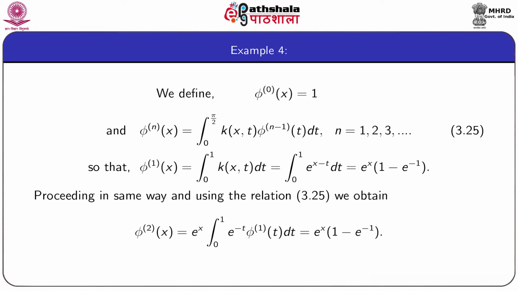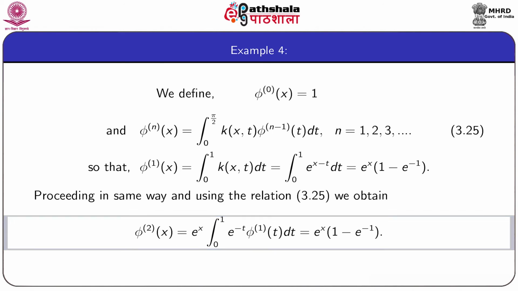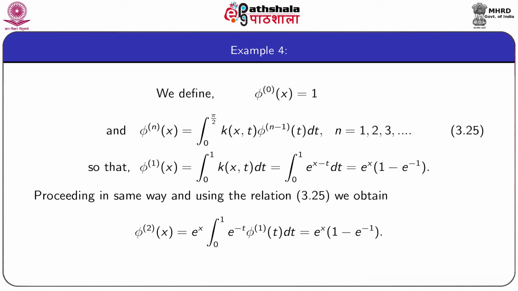In similar manner, we obtain φ²(x) as e^x times integral 0 to 1 e^(−t) φ¹(t) dt.